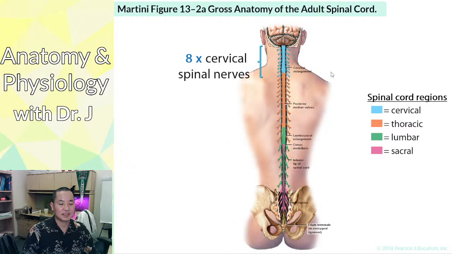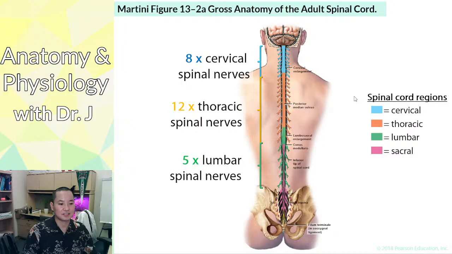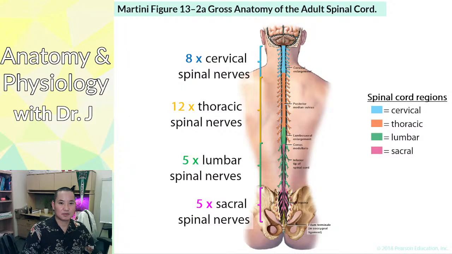But yeah, so we have 8 cervical spinal nerves, 12 thoracic, and 5 lumbar spinal nerves. So it's almost exactly like our vertebrae, but there's an extra cervical spinal nerve. And there's 5 sacral. Remember that the sacrum, even though it's one bone, is from fused vertebrae. So those little holes along the lateral sides of the sacrum, the foramina, allow these sacral spinal nerves to exit from the spinal cord.